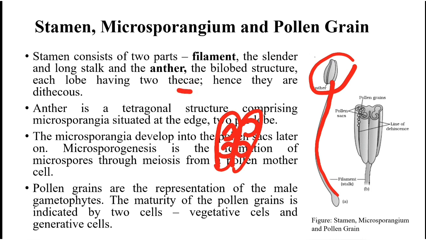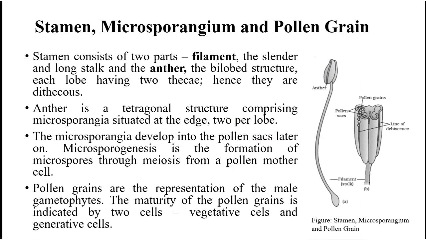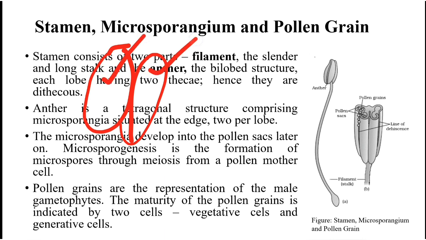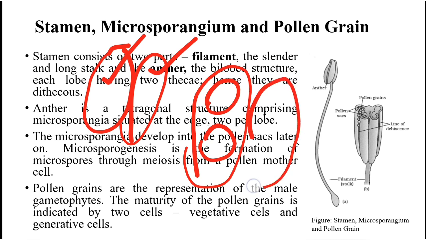The anther is a tetragonal structure comprising microsporangia situated at the edge of the two lobes. Both of these lobes have two sacs each, so it is a tetragonal structure.